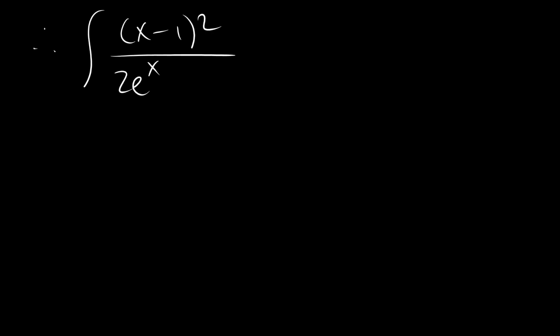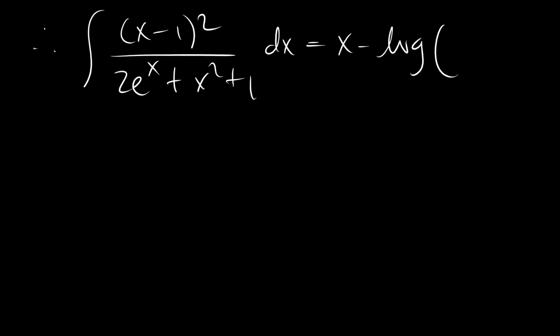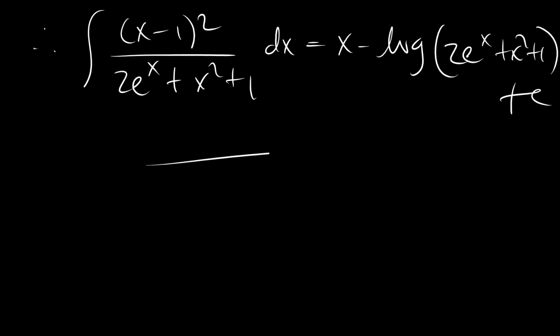And therefore, our indefinite integral of x minus 1 squared over 2e to the x plus x squared plus 1 is equal to x minus the natural logarithm of x squared plus 1 plus 2e^x, plus the integration constant. And that, ladies and gentlemen, is our solution.